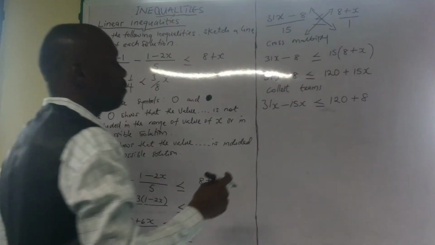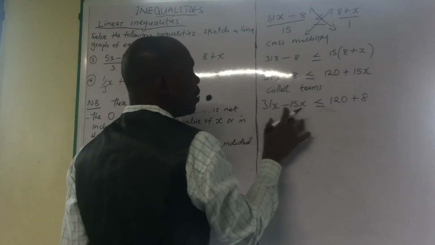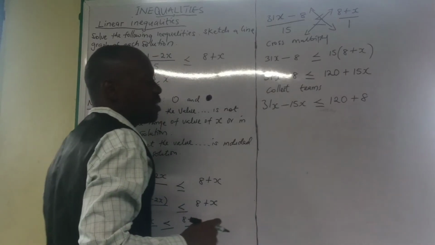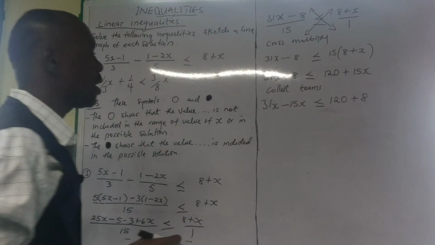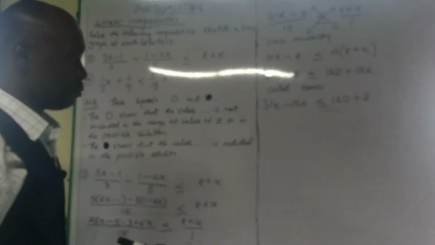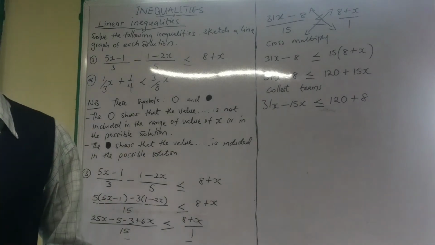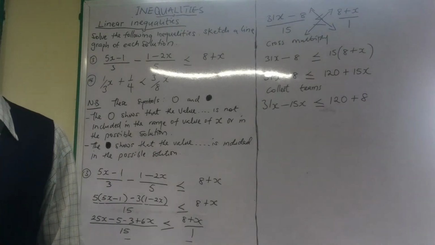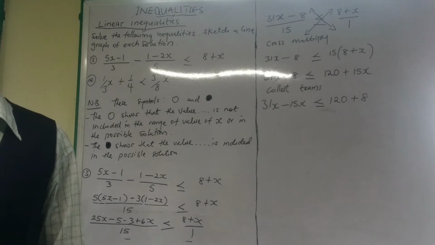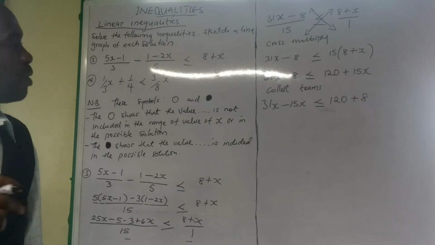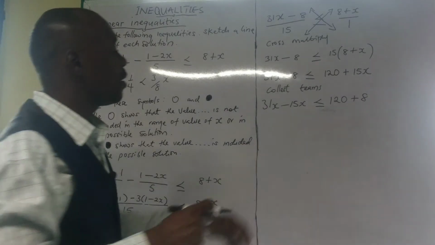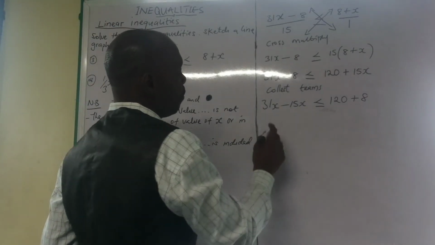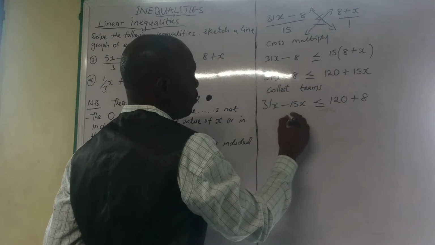When you deduct 15 from 31, we will have positive 16x here.